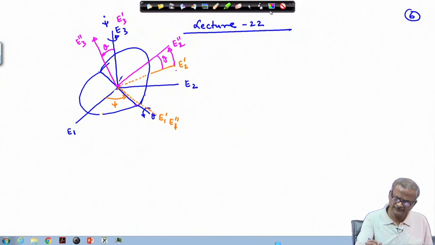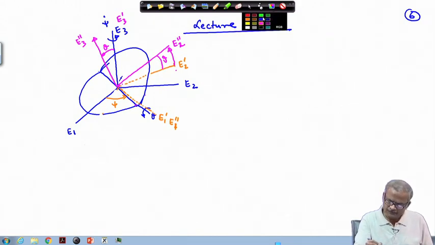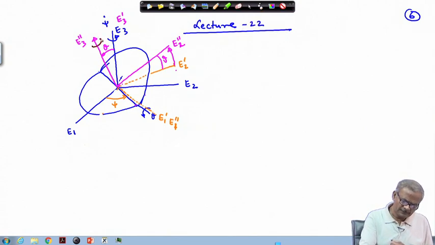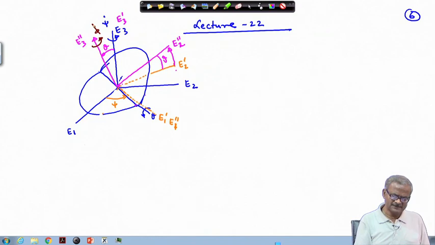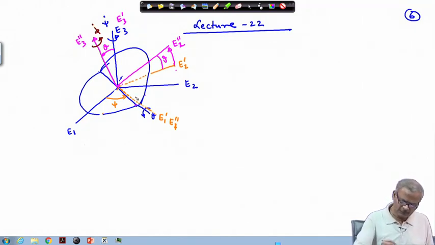The last rotation we are giving is about this line by phi. So, phi dot will lie here in this place. And this line will then rotate and go to this position, it will come here.